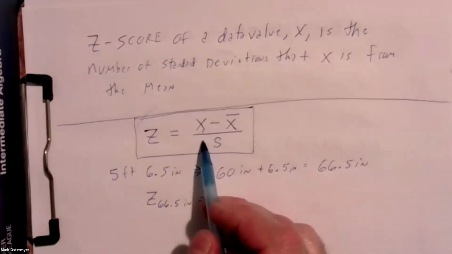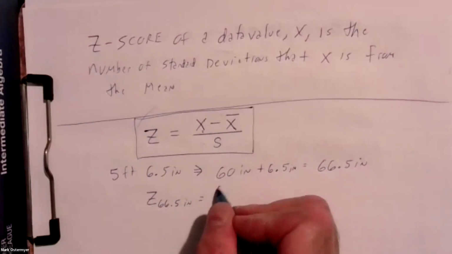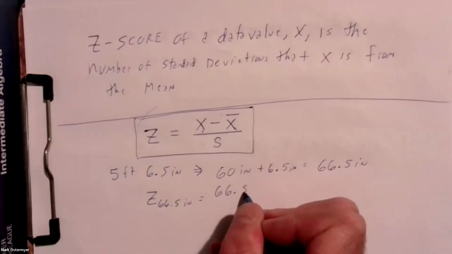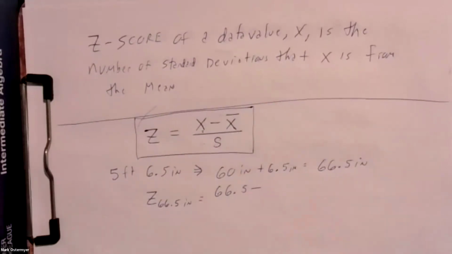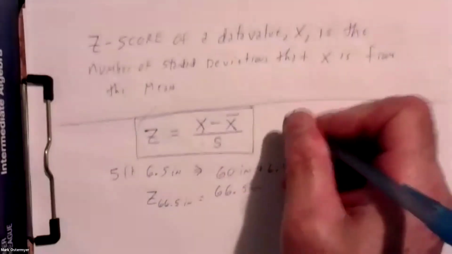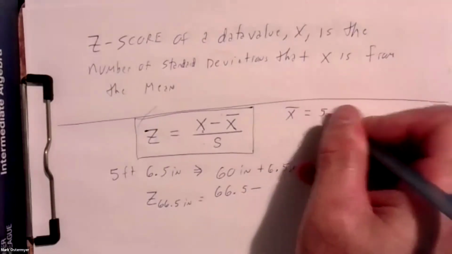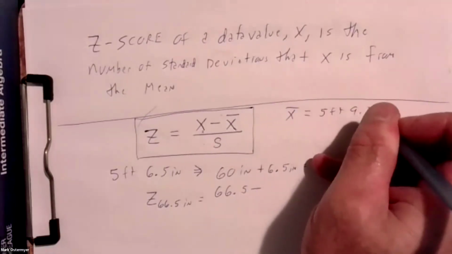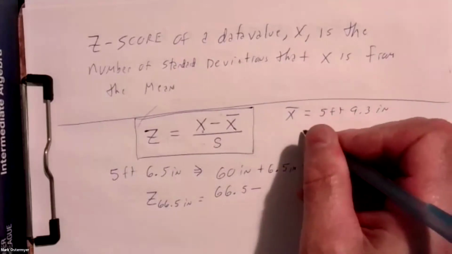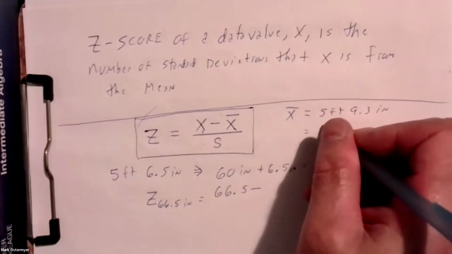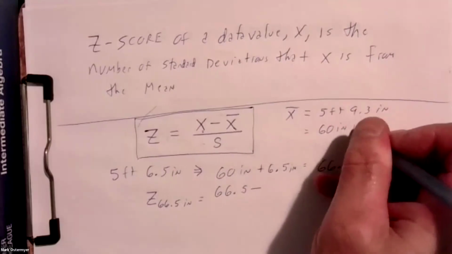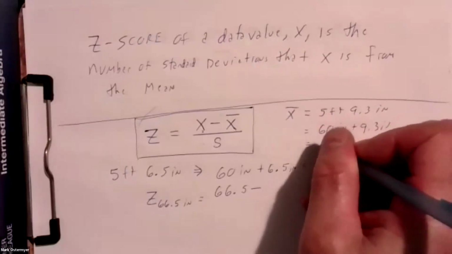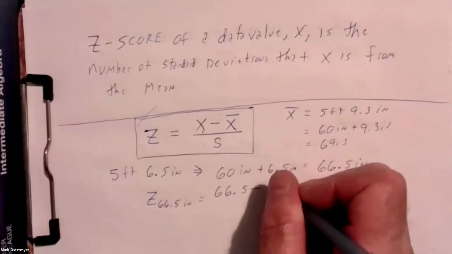To do that, I use my formula up here. So I replace x with 66.5. I'm going to subtract off the mean of this distribution, and the mean height for males is 5 feet 9.3 inches, which would be 69.3 inches. 69.3 inches, that's the mean.